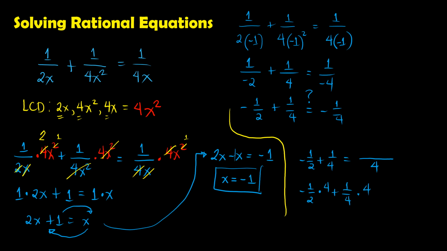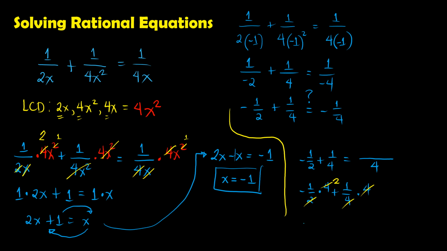So, in this case, we have 4 divided by 2, which is 2. These two are the same, 4 and 4, so cancel. What is left?